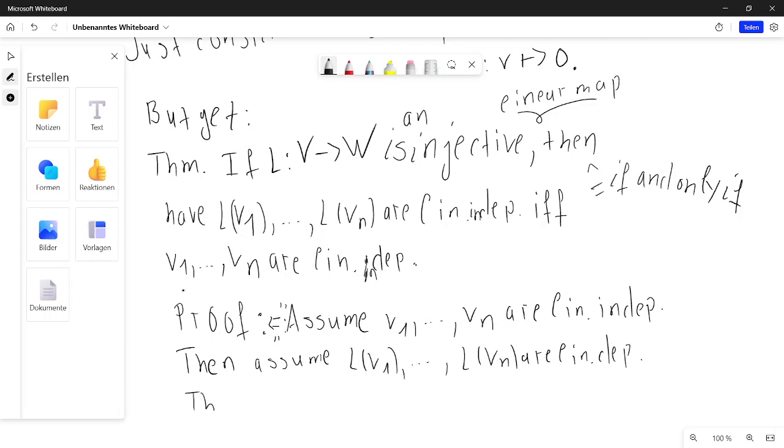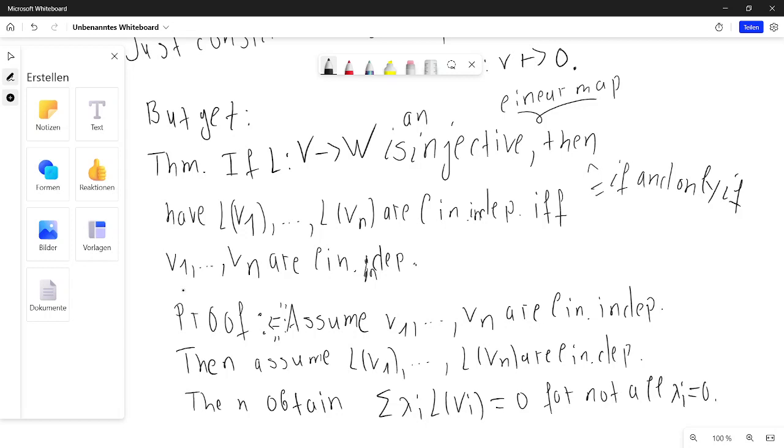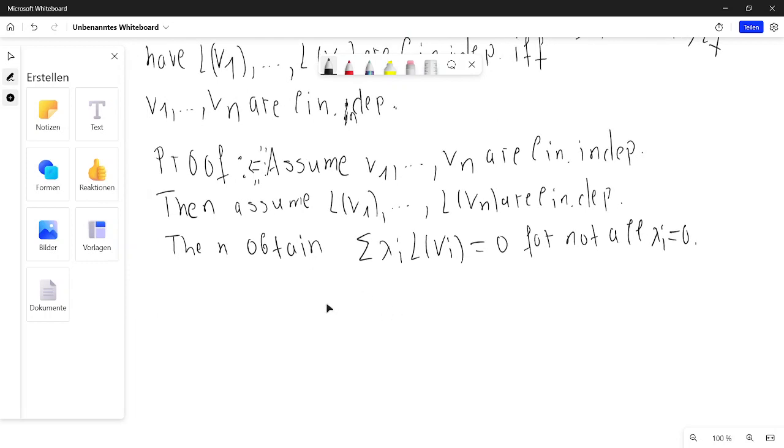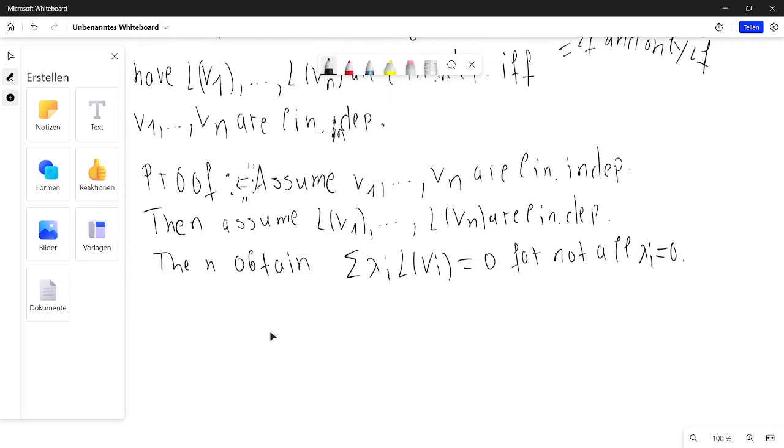Then obtain a linear combination that is 0 for not all lambda i equal to 0. So amongst these lambda i's, we can choose lambda i's so that not all are equal to 0, but this linear combination is equal to 0.